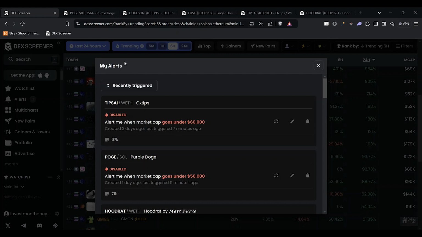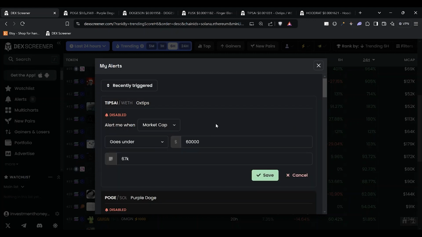You can see I've got my alerts here, set to recently triggered, and I did make one big change this morning. I hadn't been setting any notes when I set these alerts, but I think it'd be much easier for anybody following along.